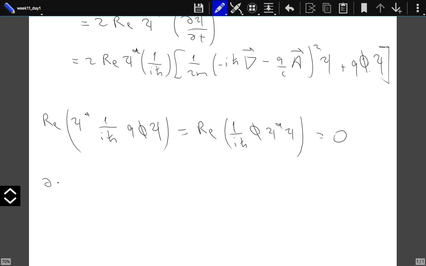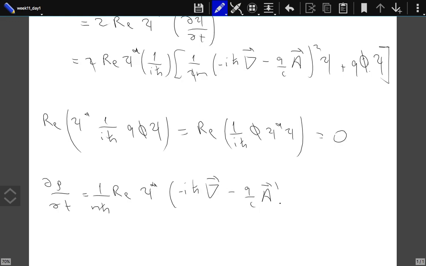So that tells me that ∂ρ/∂t is equal to twice the real part of ψ*. Let me cancel these m's. Sorry, yes, the 2's cancel: 1 over m h bar ψ* (minus i h bar gradient minus q over c A) squared ψ.